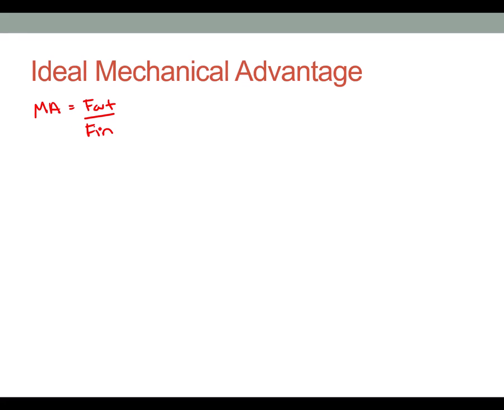So remember, mechanical advantage multiplies the force. If we rearrange this formula really quick, we get F in times the mechanical advantage is the force out. So ideally, you would like that mechanical advantage to be as big as possible so that you get as large an effect as possible, potentially.